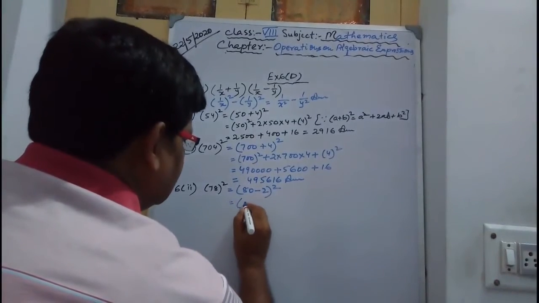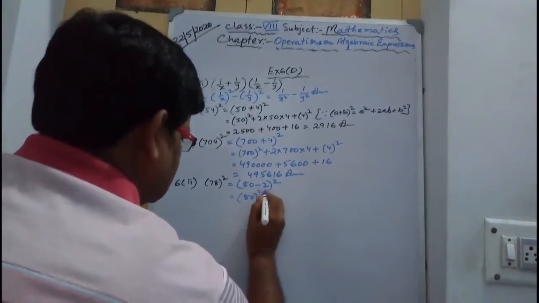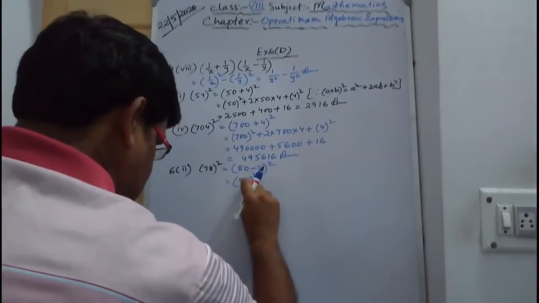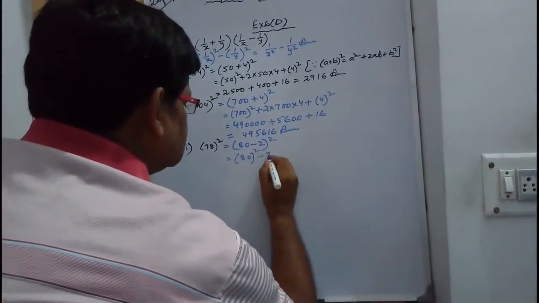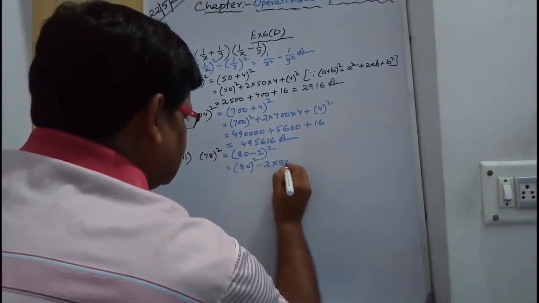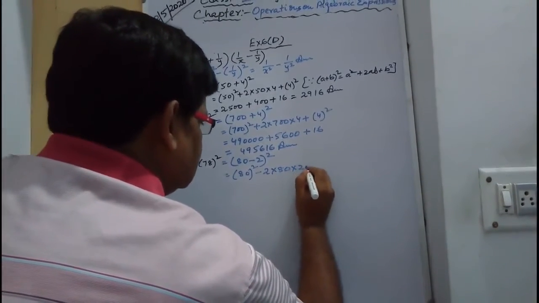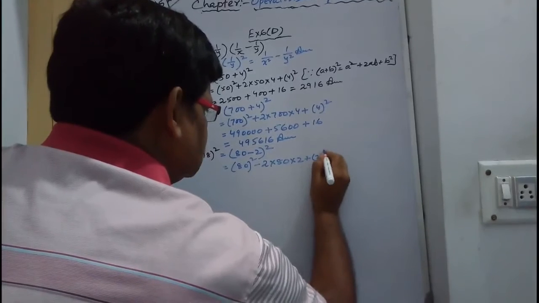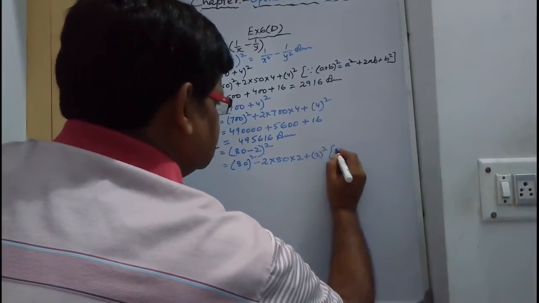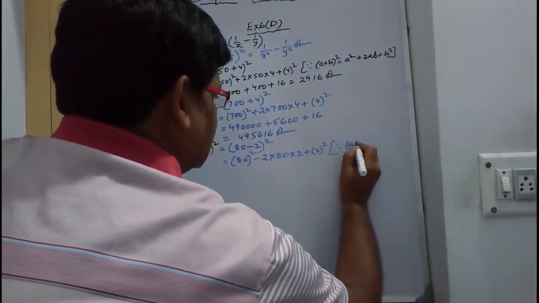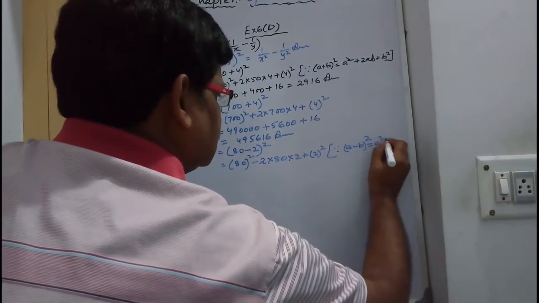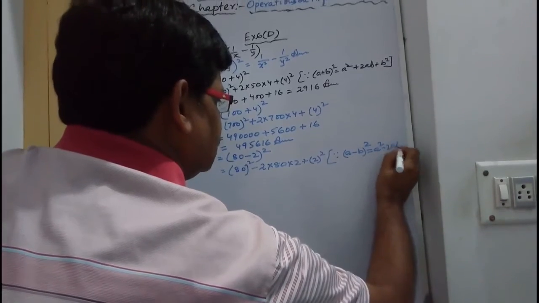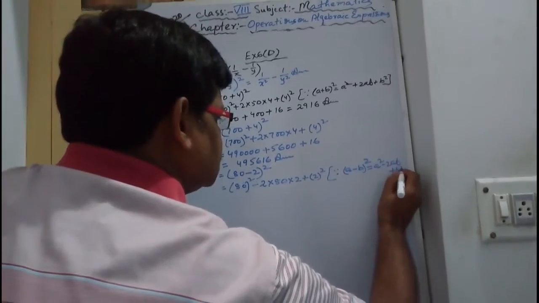So 80 square minus 2 into 80 into 2 plus 2 square, that is identity, (a minus b) whole square, a square minus 2ab plus b square.